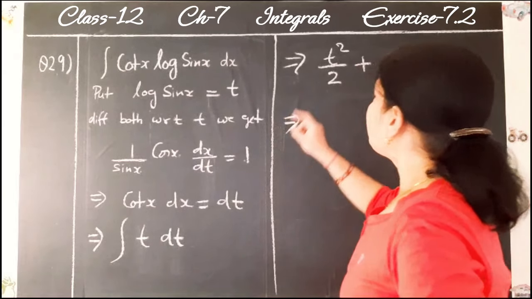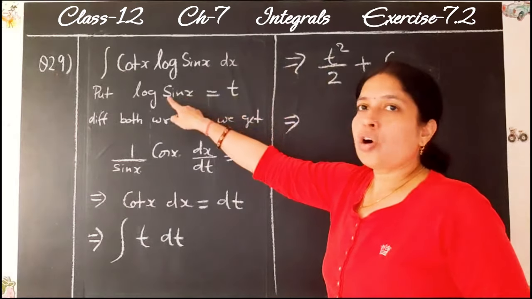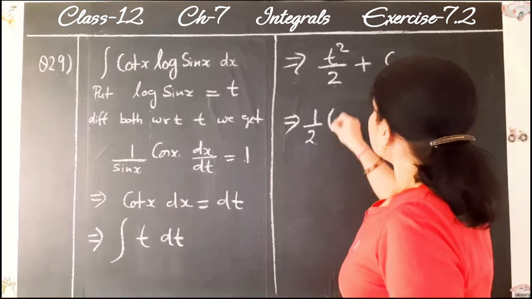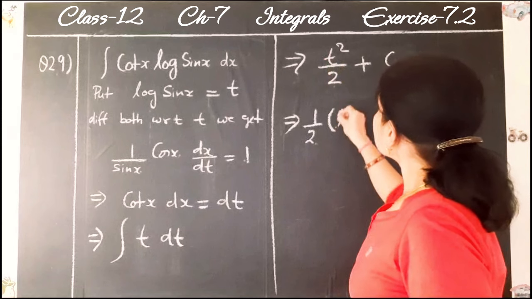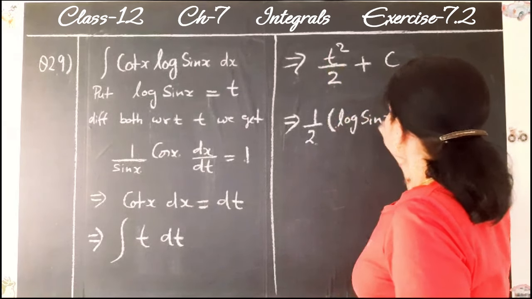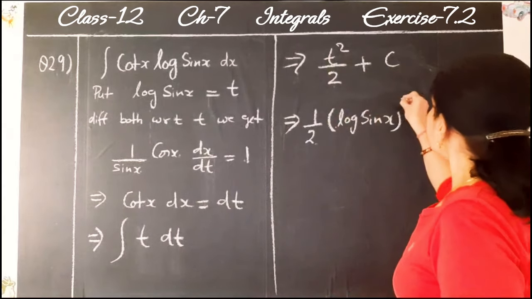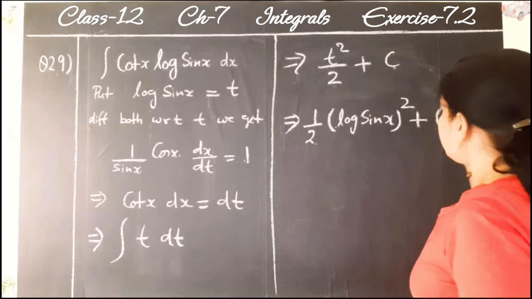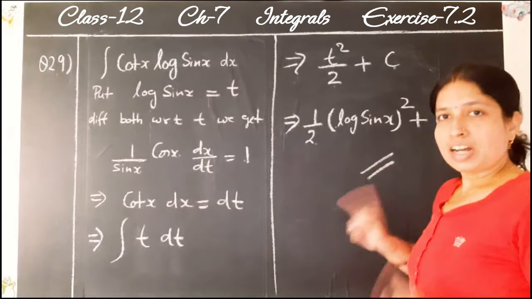Now put the value of t. t is equal to log sin x. First write this constant 1 by 2, and in place of t write log sin x, and here it is given square, so write here square, and write this constant c as it is. So this is our answer.